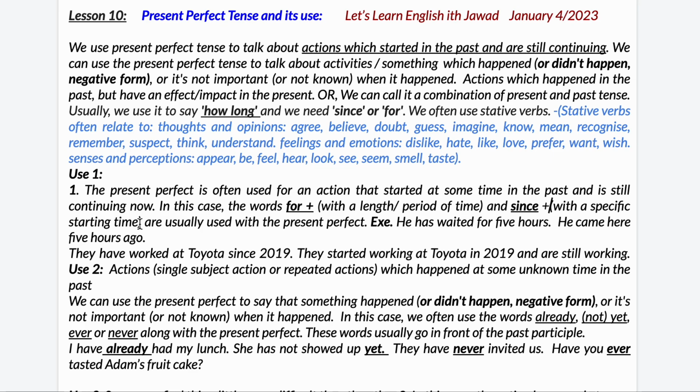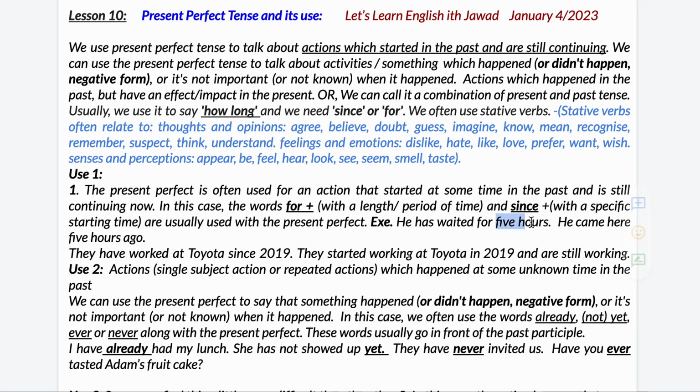So these are specific times. When we use since, we have to have a specific time. But when we use for, we have to use a duration of time, a length of time, a period of time. Example here says, he has waited for 5 hours.